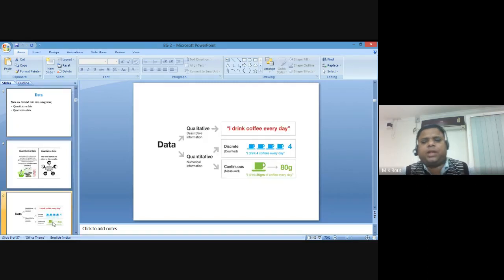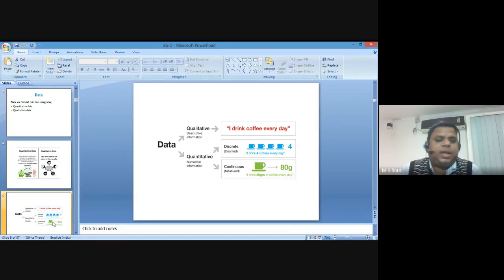Here is a typical example of data in qualitative as well as quantitative form. From the qualitative point of view, in the form of descriptive information, suppose I drink coffee every day. That is qualitative. In the case of quantitative, it is divided into two types: counted and continuous measured. In that particular figure, there are four coffee cups, which means I drink 4 coffees every day.